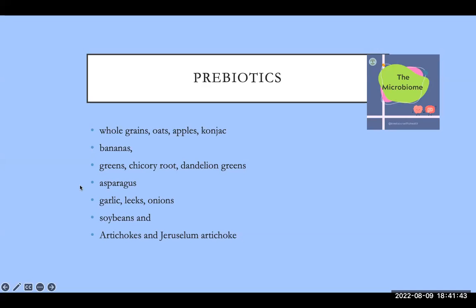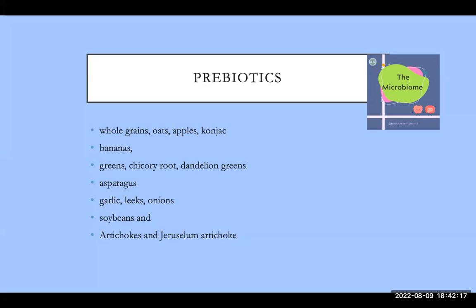So when we're looking at this list, also notice that garlic, leeks, onions, really everything in that onion family, the alliums, are very, very important prebiotic foods for our microbiome. And what if you guys could tell me which food on here do you think has the biggest bang for the buck according to research on our microbiome, just in general?